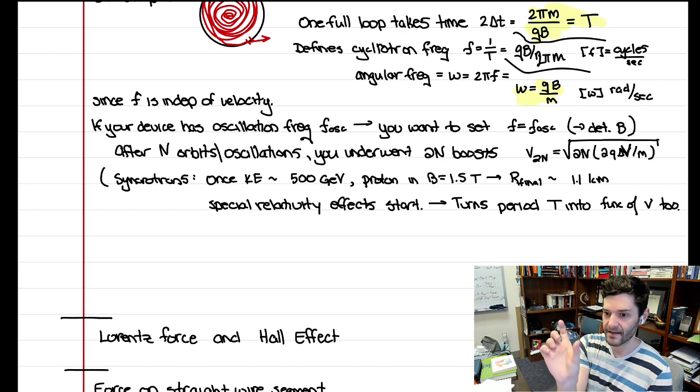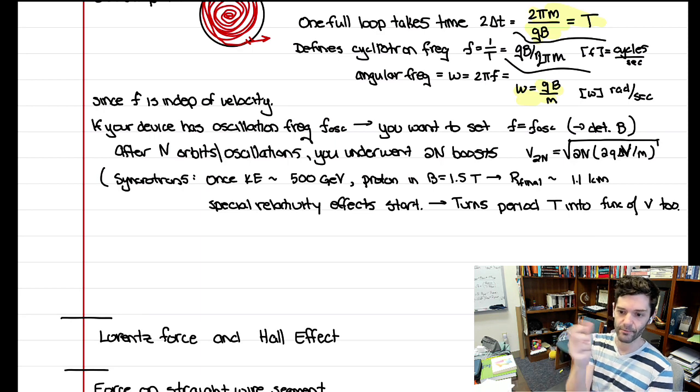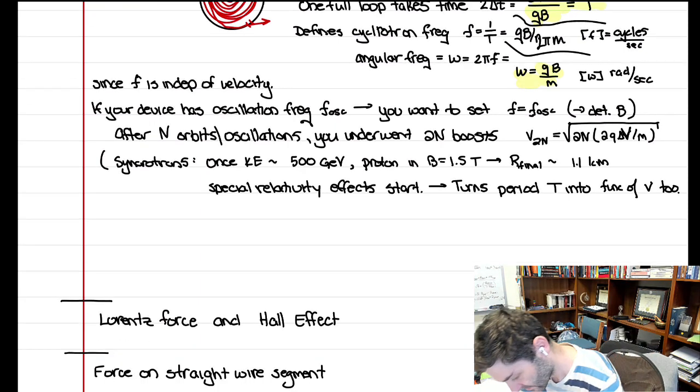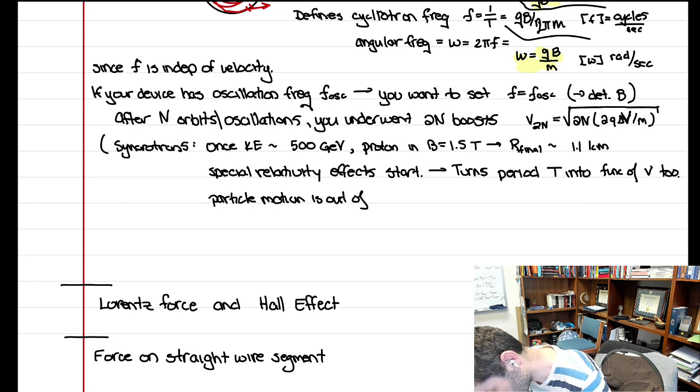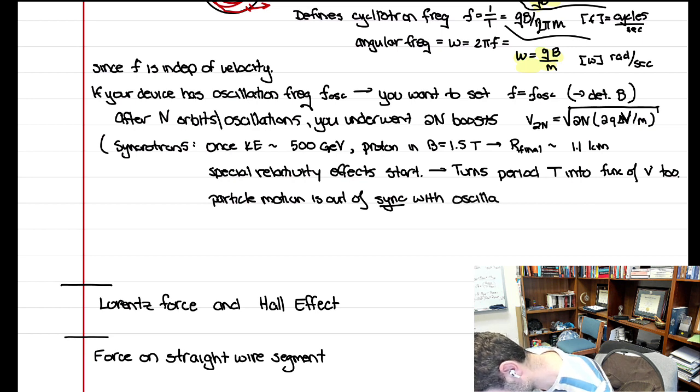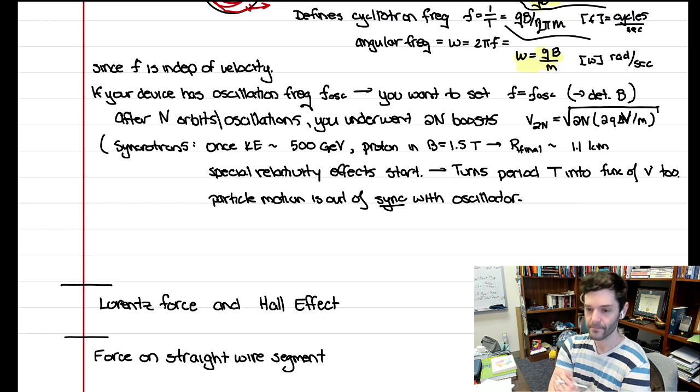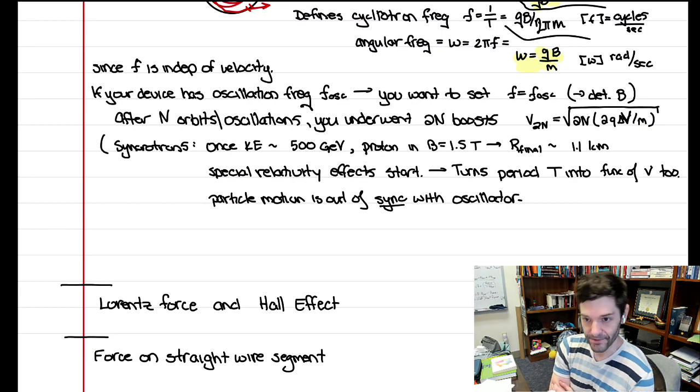Which means that essentially the particle gets out of sync with the oscillator. So particle motion is out of sync with the oscillator, the thing that's controlling the electric field in the middle. And so what you do is you upgrade to a synchrotron, which keeps you in sync.